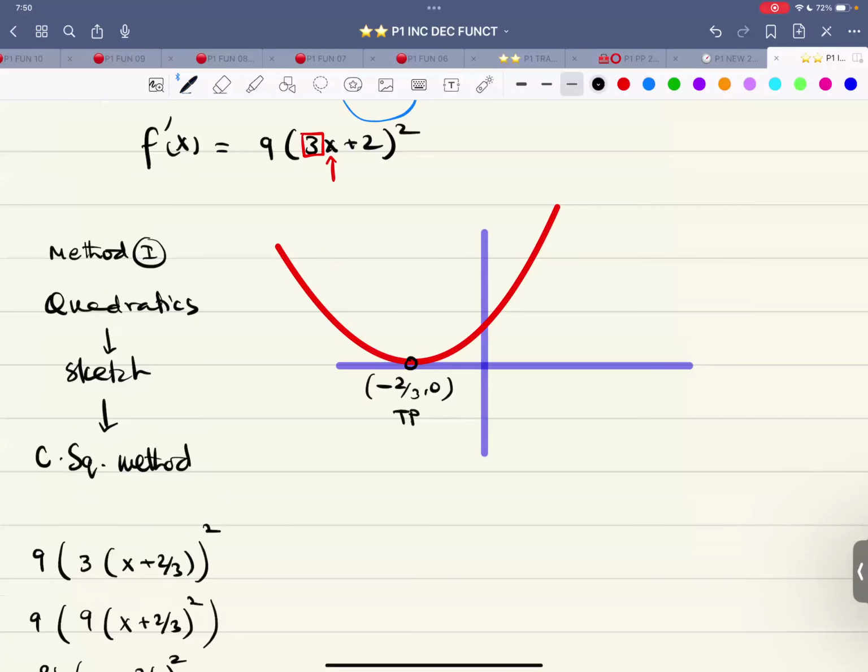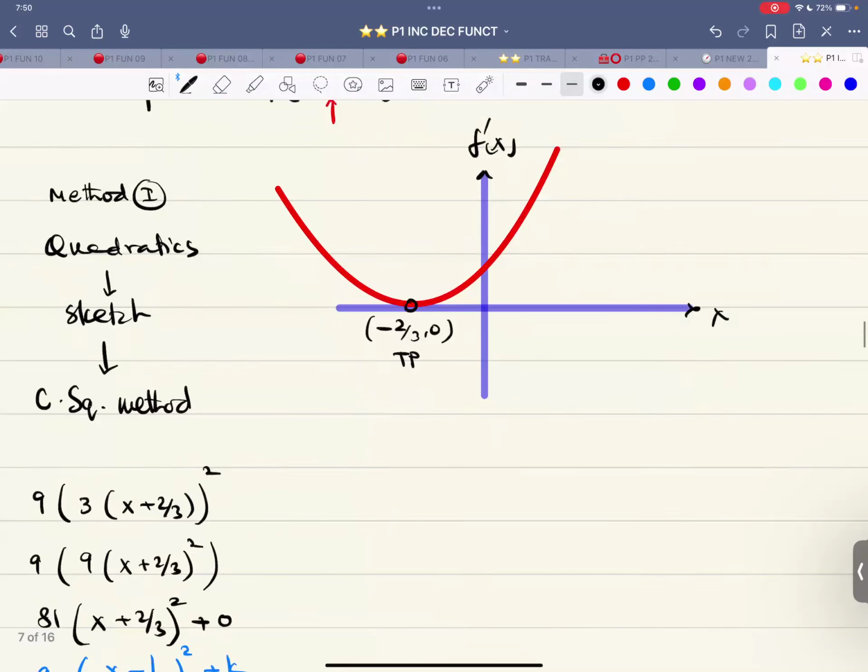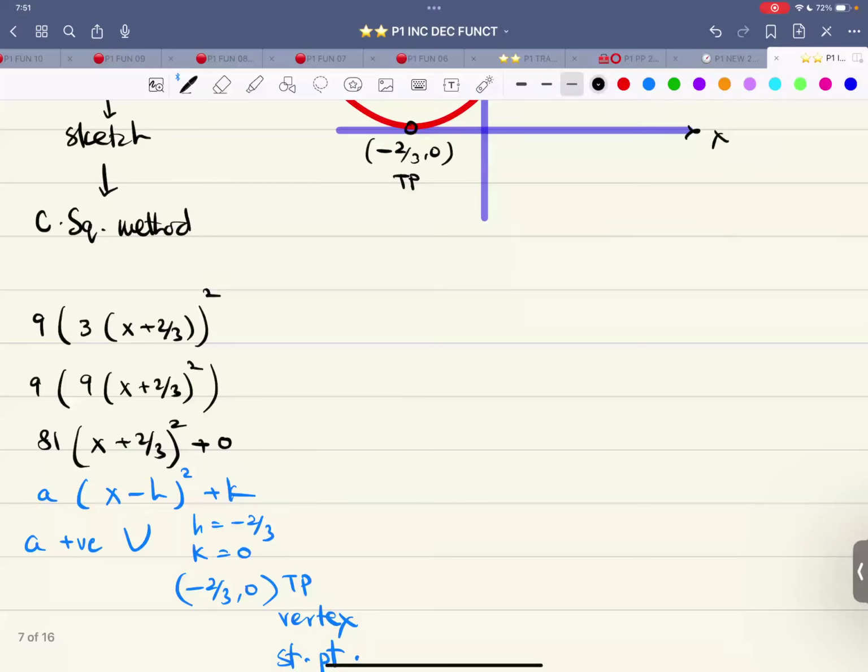That is the turning point. And this is the y-axis. This is the x-axis. This y is not y actually. This y is f'(x). We are drawing it for f'(x). So this thing is, if I just push it on the side, so this thing is f'(x) that we are drawing for.